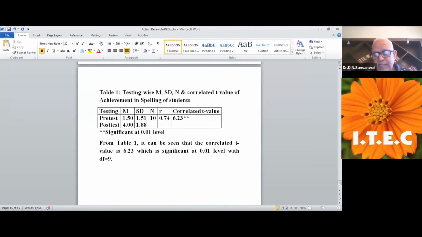So this is simple: the correlated t-value is 6.23, which is significant at this level with df equal to this.